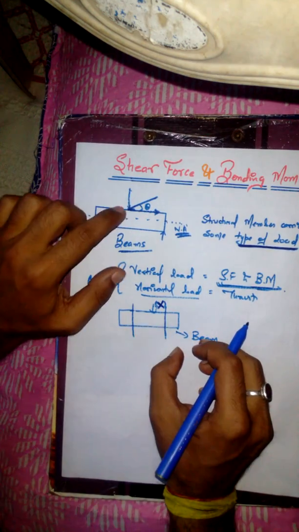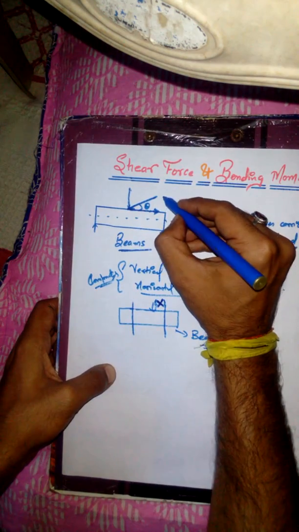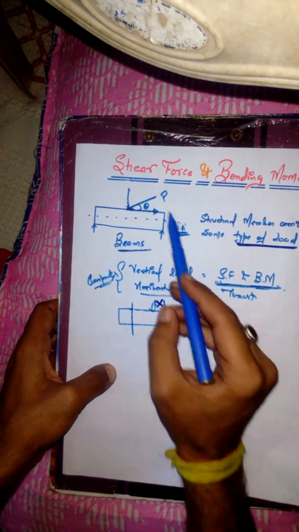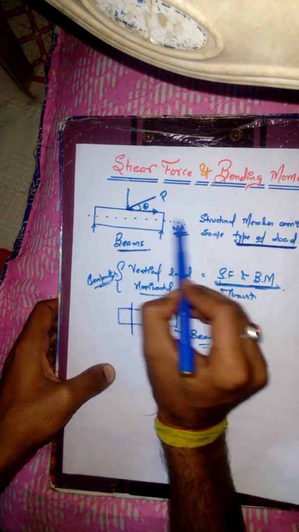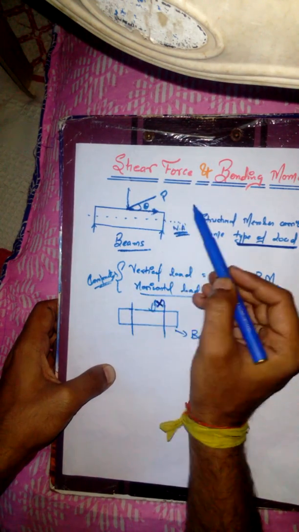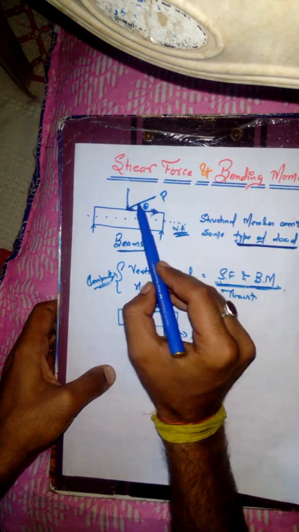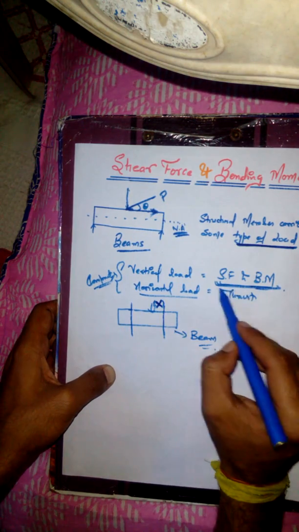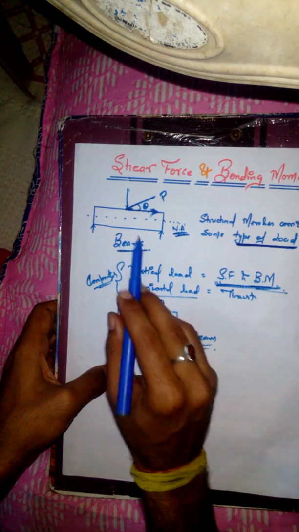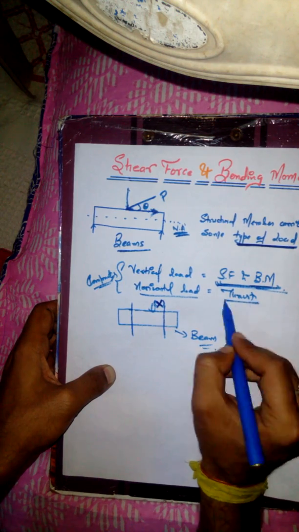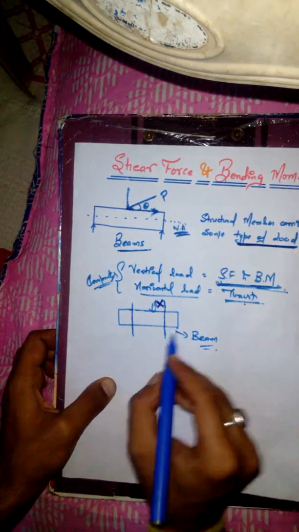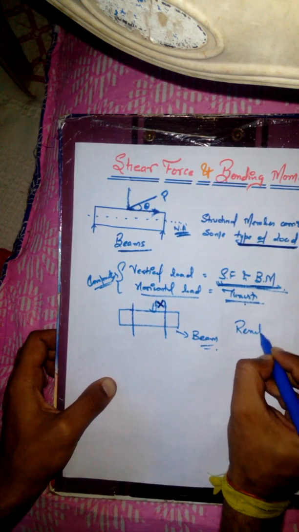We discussed that the load, let it be P, is applied in the downward direction at some angle theta with the neutral axis. So this results in a vertical and a horizontal component. The vertical component gives the shear force and bending moment, and the horizontal component gives the thrust. Both are the resultant forces.